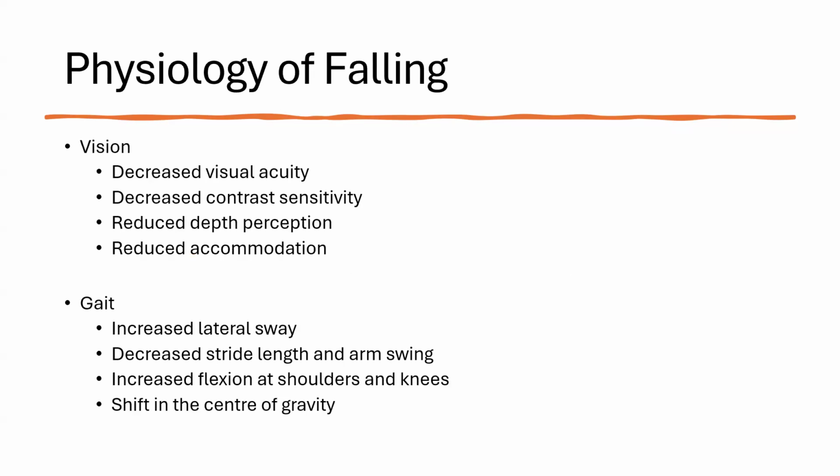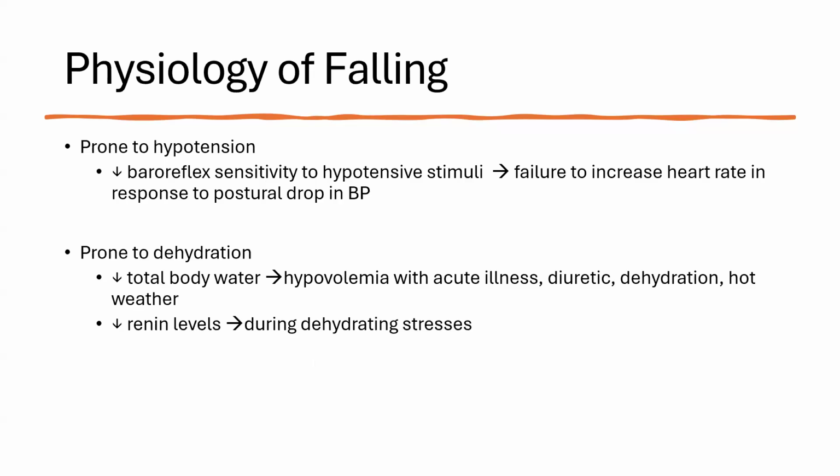Visual changes include decreased visual acuity and contrast sensitivity, as well as reduced depth perception and accommodation. Gait also changes as we age, with increased lateral sway, decreased stride length and reduced arm swing, increased flexion at the shoulders and the knees, and a shift in the center of gravity.